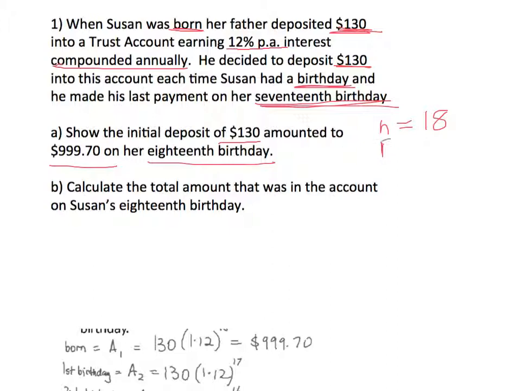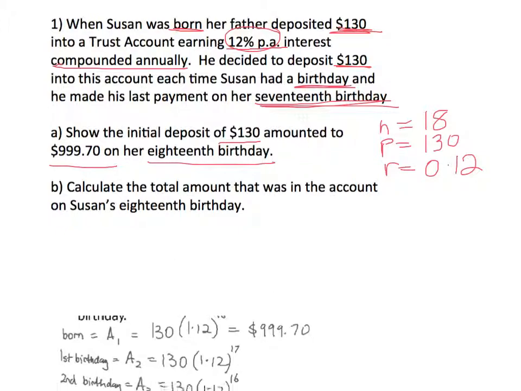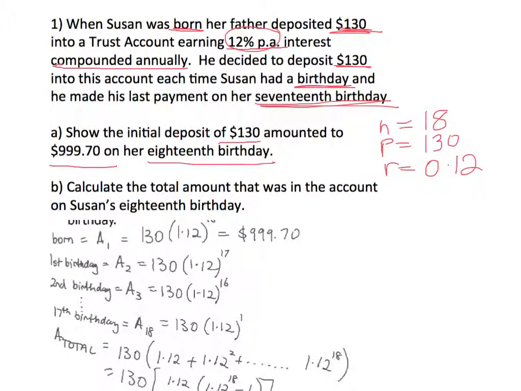We've got the principal is 130, and the interest rate is 12% per annum compounded annually, so it's just 0.12. We're just going to substitute those amounts into the compound interest formula, and you can see the working out that I've got here.